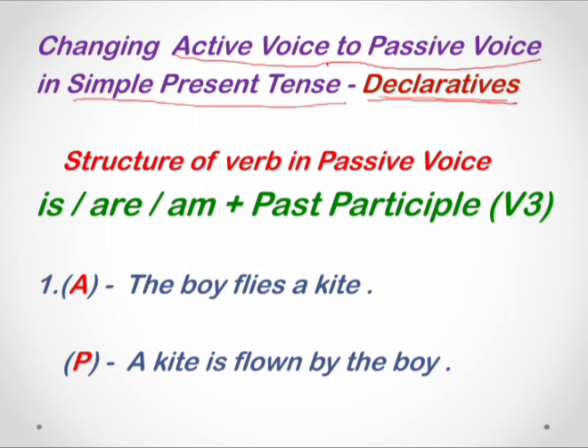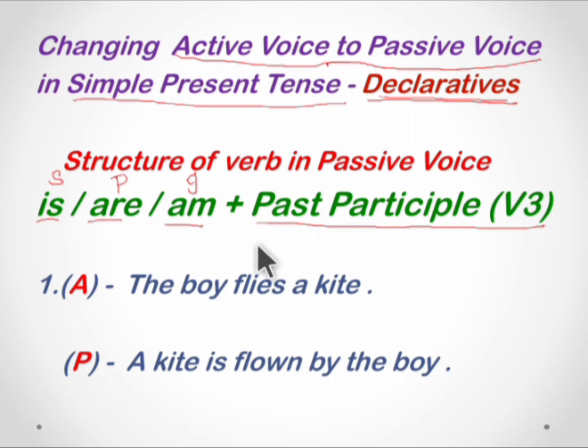As I told you in the previous video, in passive voice the verb will be the be verb plus the past participle of the main verb. The be verbs for the present tense are is, are and am, and the past participle, or verb 3. Is is used for the singular subject, are is used for the plural subject, and am is used for I.